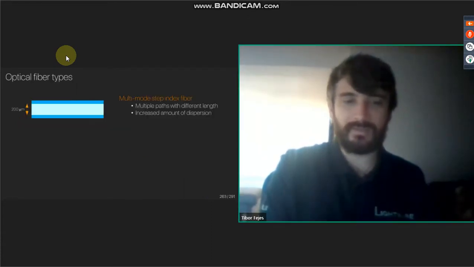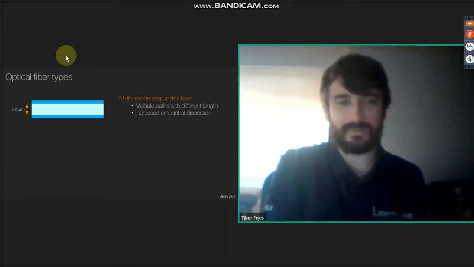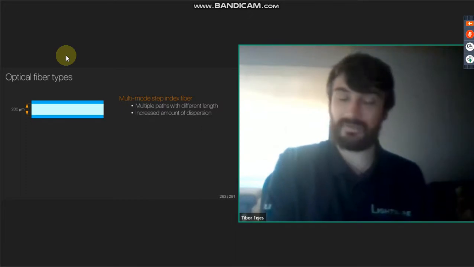So we can see now that we've covered refraction, we can compare how this works in the different types of optical fiber. So in the beginning, there was multi-mode step index, which had quite a thick core, relatively, at 200 microns.